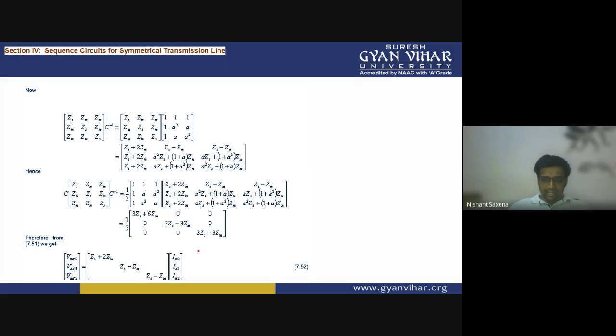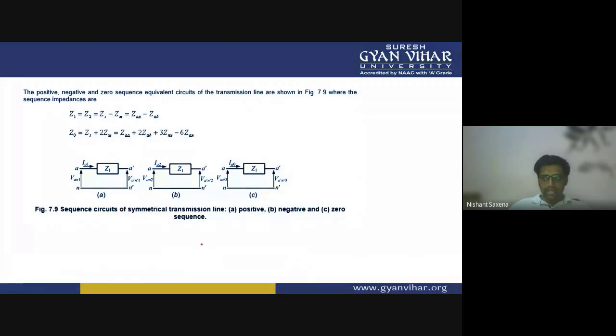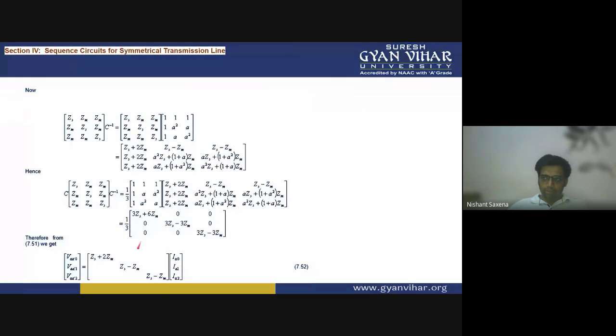So if I rewrite these equations and find out the zero sequence, positive sequence, and negative sequence components for a transmission line network, I can write the equation like this. Now Z1 equal to Z2 equal to Zs minus Zm. The positive and negative impedances for the transmission line are the same, that is Zs minus Zm.